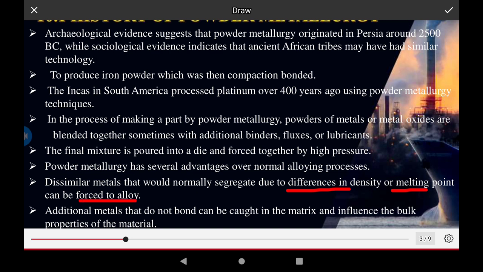Additional materials that cannot be dissolved in the matrix can influence the bulk properties of the materials. The application of powder metallurgy is generated in engineering, and most applications depend on the reliability of the product and the testing of the powder, which is the density of the particles.